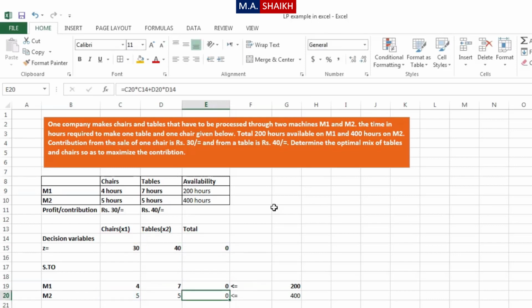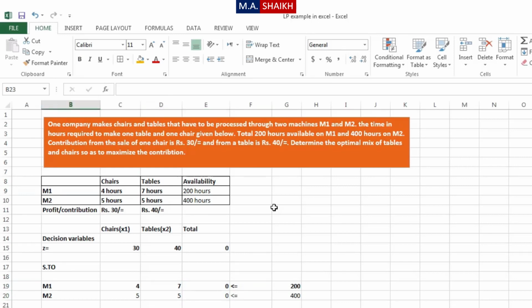This is the total time on M2, and this is the total time on M1 for two products, chairs and tables, and this is the total time on M2 for chairs and tables, right?